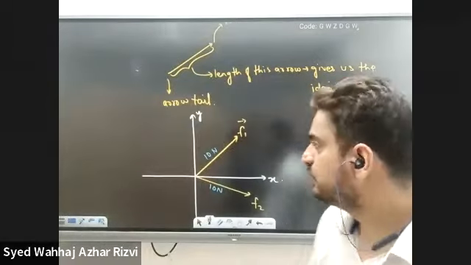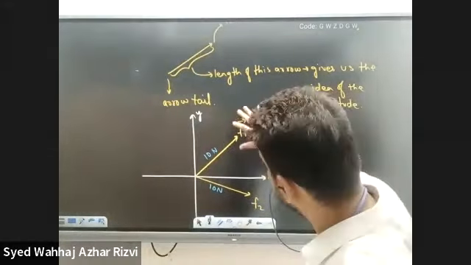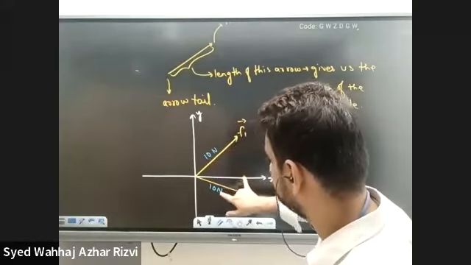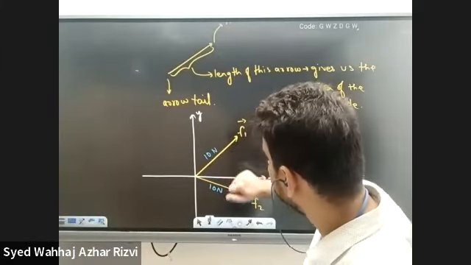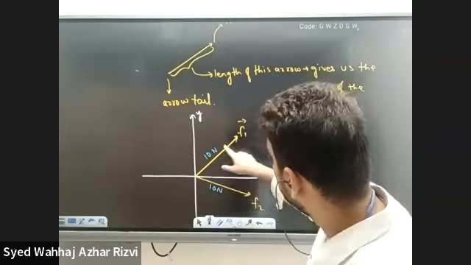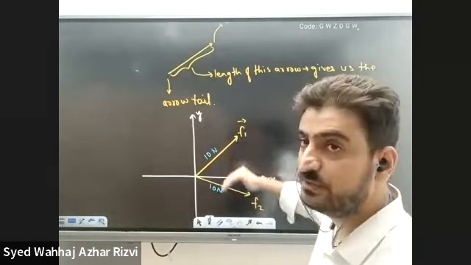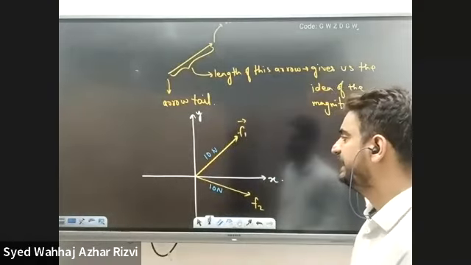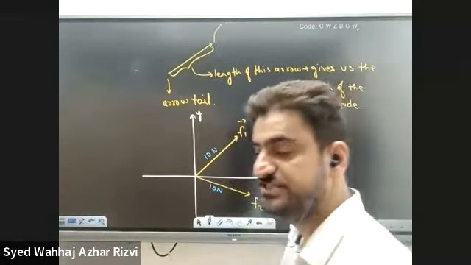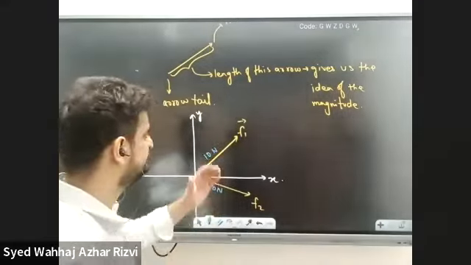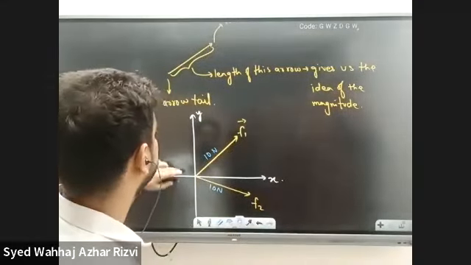Both these arrows are of the same length, which means the force has the same value in both cases, but they have different directions. So this is a vector, and we use arrows to represent vectors like that.